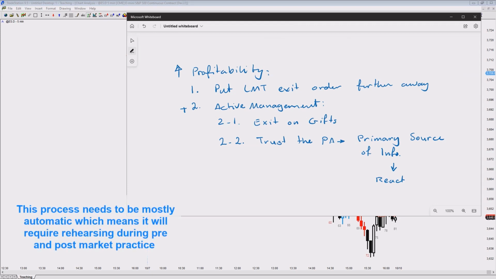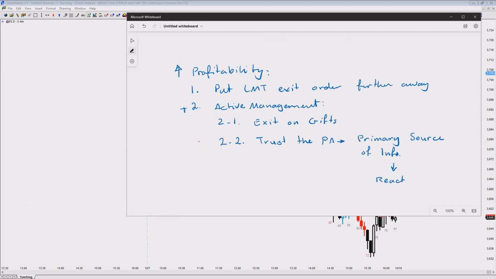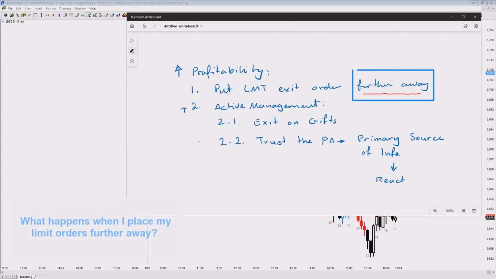Now, one of the things that you have to study when you're looking at the charts and preparing for the trading week is that you have to turn this into a mental algorithm that works on its own without too much thinking, which means you have to find what happens if you put your limit orders a little bit further away. Okay, so study this in your backtesting.